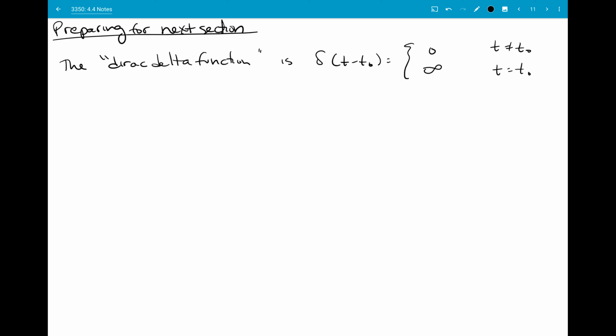But what's going to be important for us is the Laplace transform of it. So L of delta of t minus t0 is e to the minus s times t0.